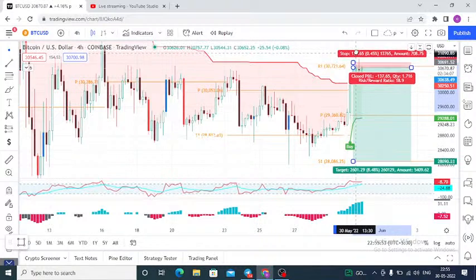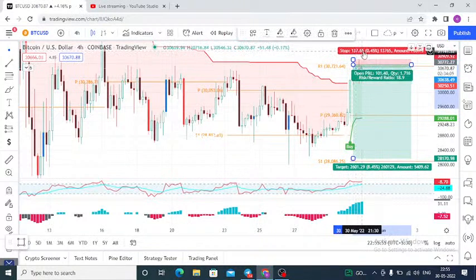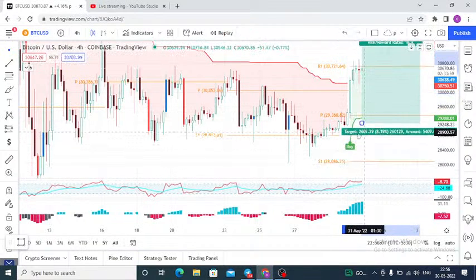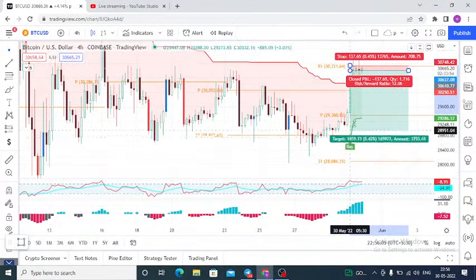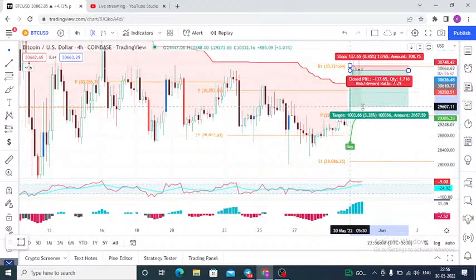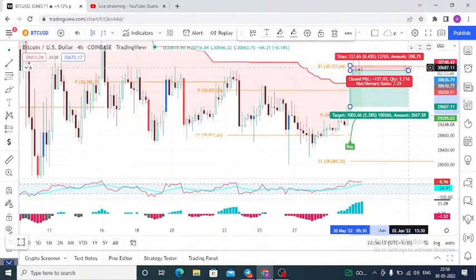So you have a very small stop loss of 137 points with a target ratio for 1000 points downside. Okay, so I'll just close this down for now.